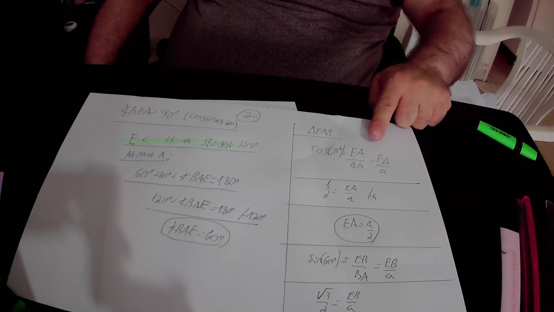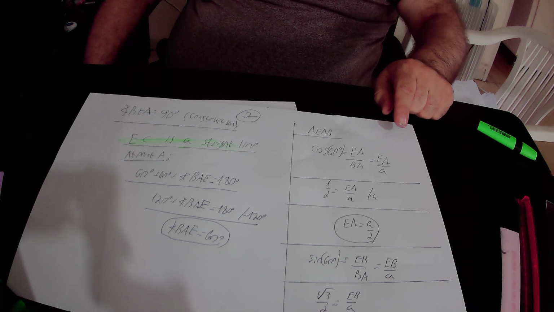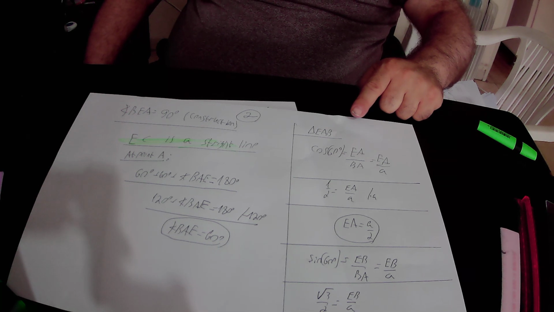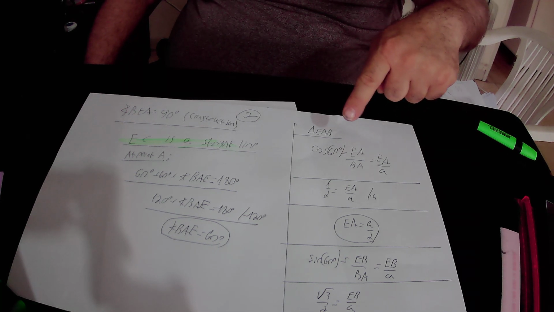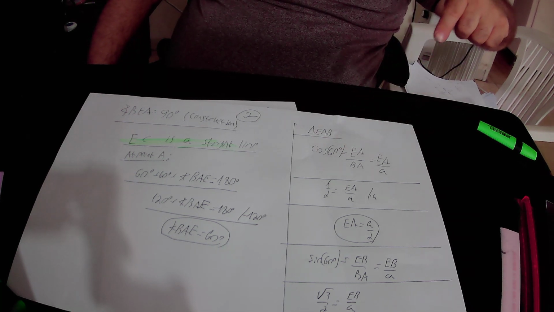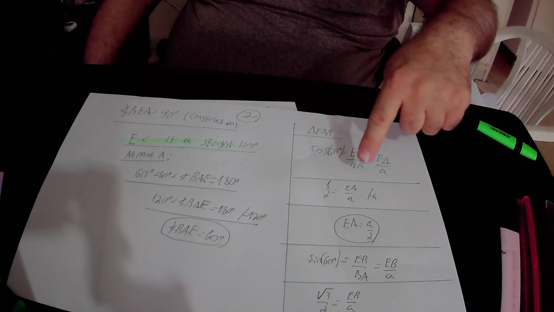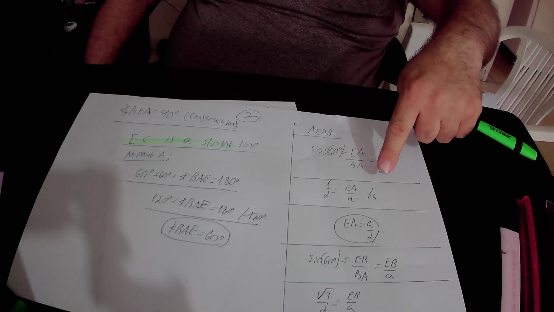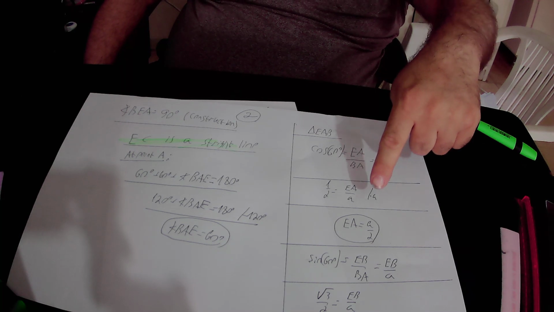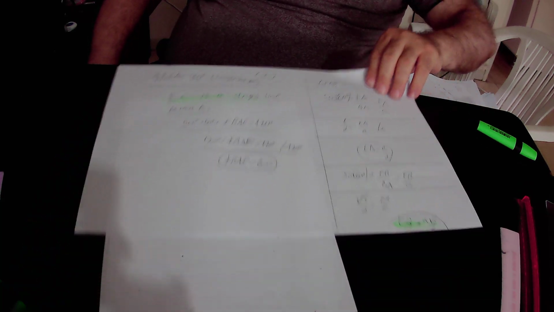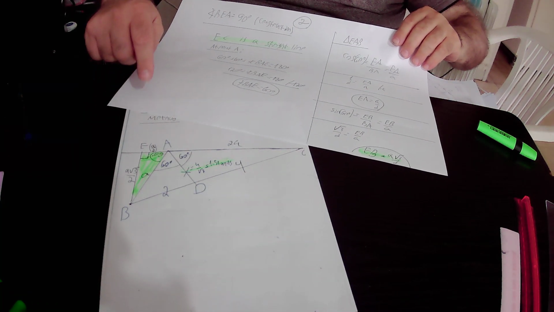BA is A, so substitute BA by A. And cosine 60 degrees is 1 half, so substitute cosine 60 degrees by 1 half. So we found that 1 half equals EA over A. We multiplied this equation by A and found that EA equals A over 2.